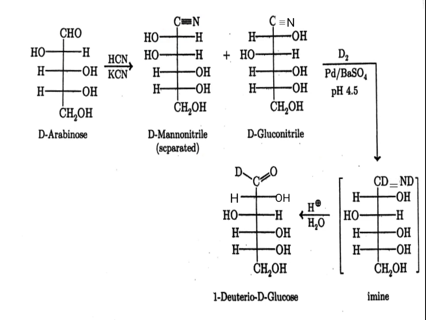After that, if you add D2 instead of H2, that means instead of hydrogen, if you add deuterium, then this will become CDO instead of CHO, and ultimately you get 1-deuterio D-glucose.